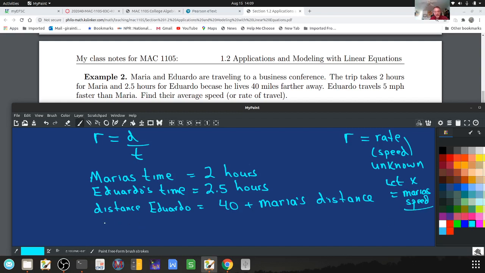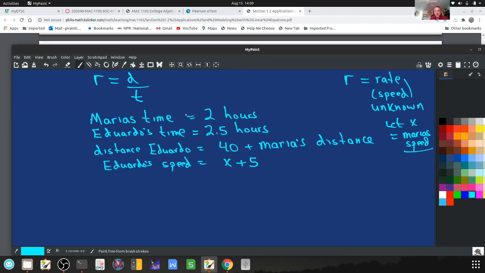So that means Eduardo's speed is equal to x plus 5 because I've decided to let x equal Maria's speed. Now if you wanted to let x equal Eduardo's speed, then it would be x minus 5, and that would be Maria's speed. So let's put all of this together.